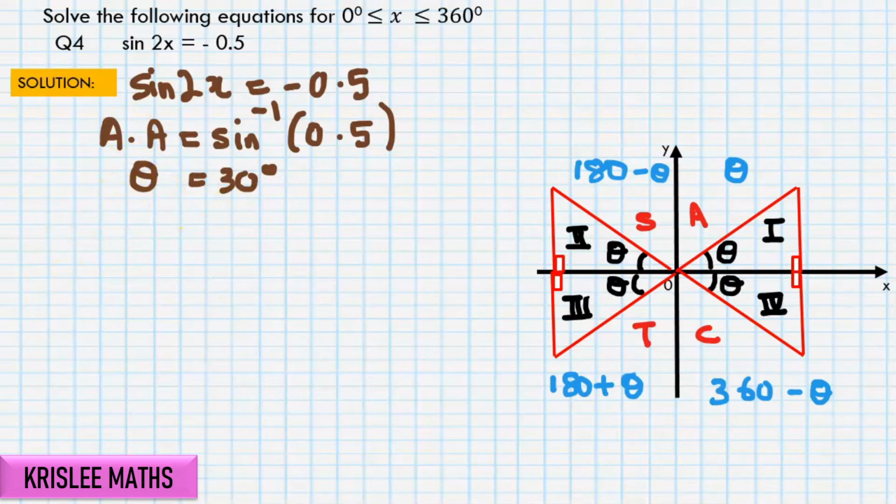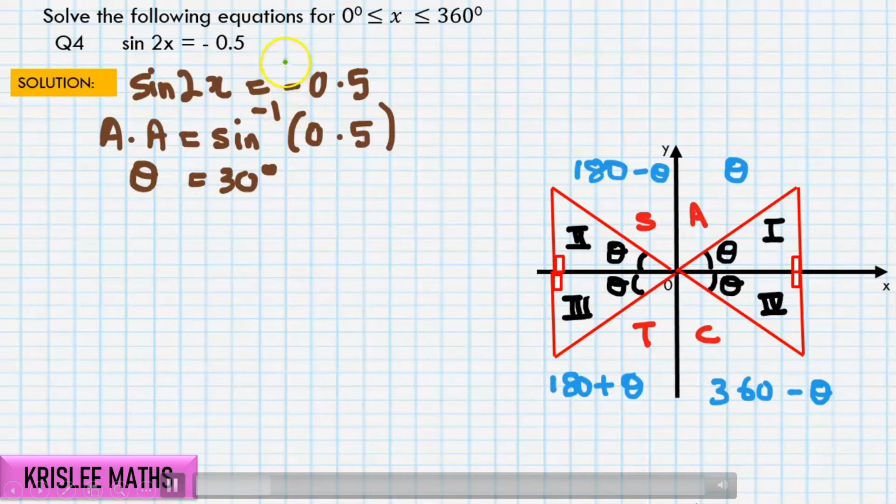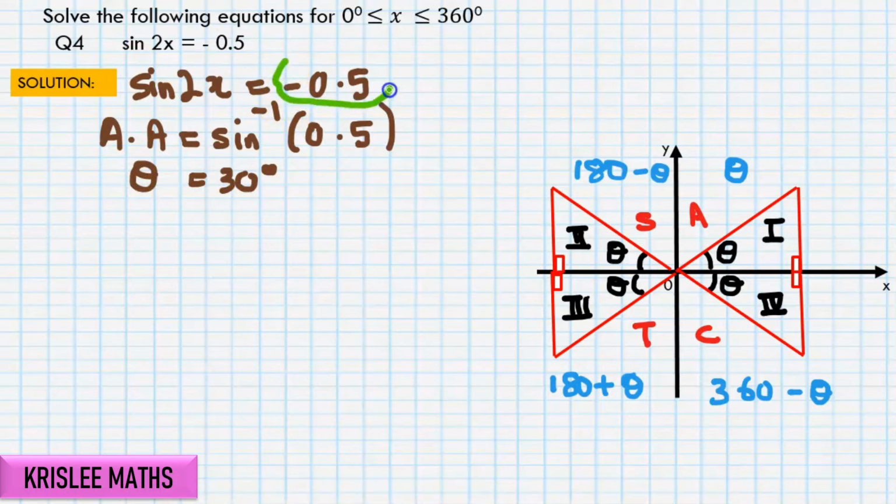Next, you have to check the sign of the given value. So here the sign is negative. Okay, so the function sine will be negative in the third quadrant and fourth quadrant.